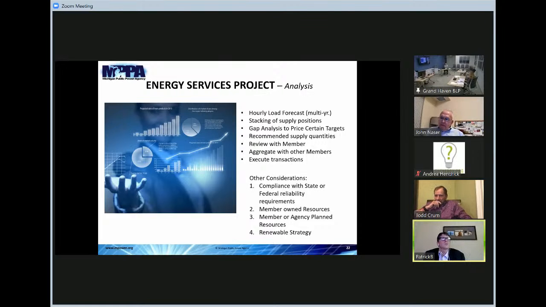Or that resource has very little reliability benefits. So now the agency has to go out and purchase a whole bunch of additional, what we call capacity or other resources to make up for the reliability that one resource wasn't able to provide. And that's exactly what some of the incredible complications we're dealing with now.